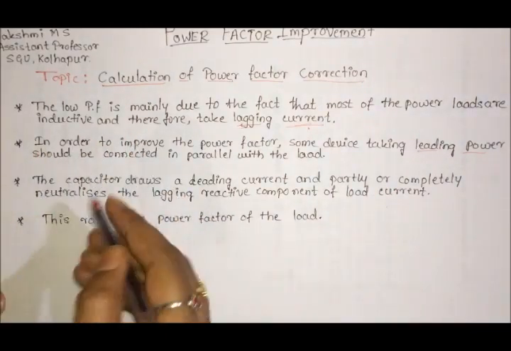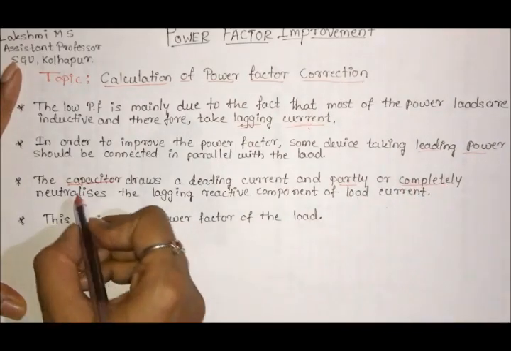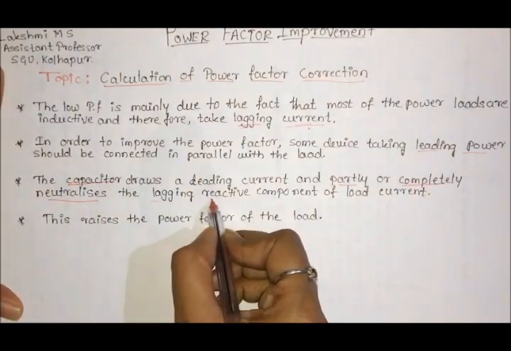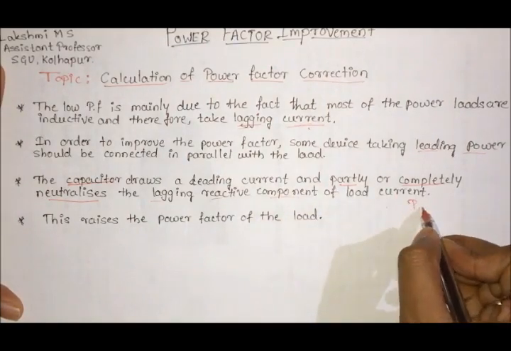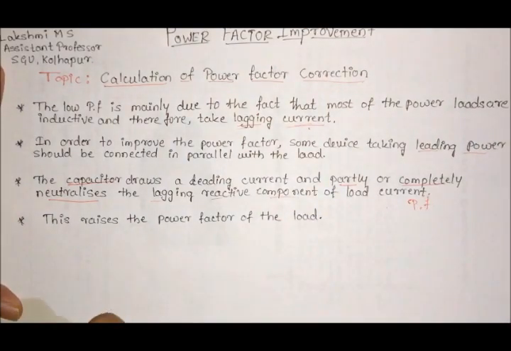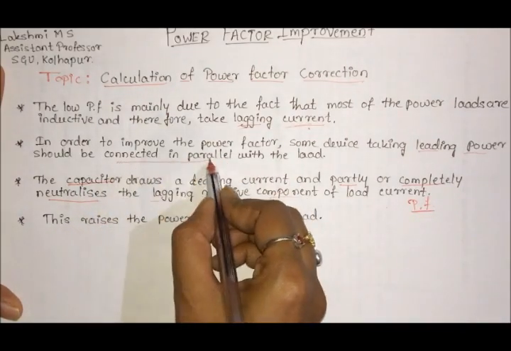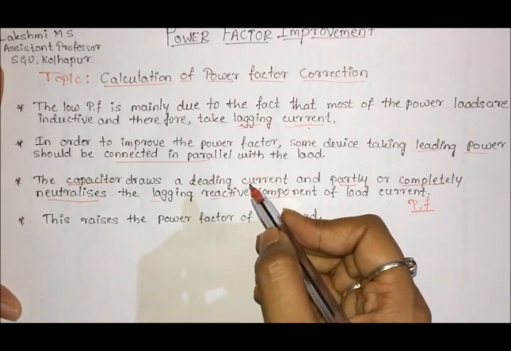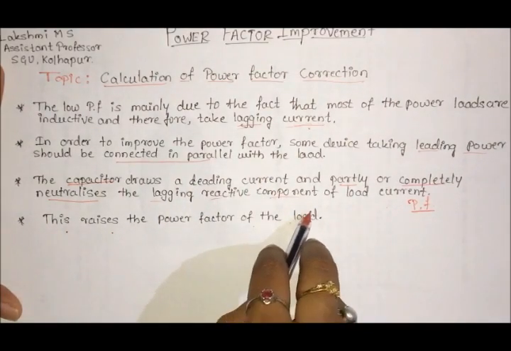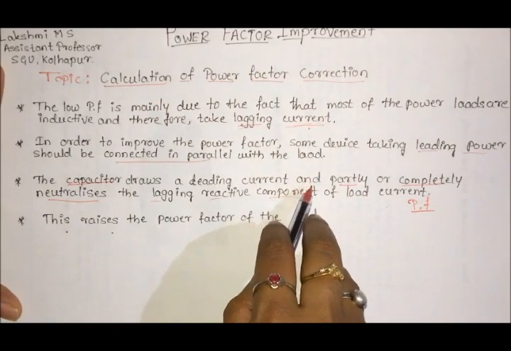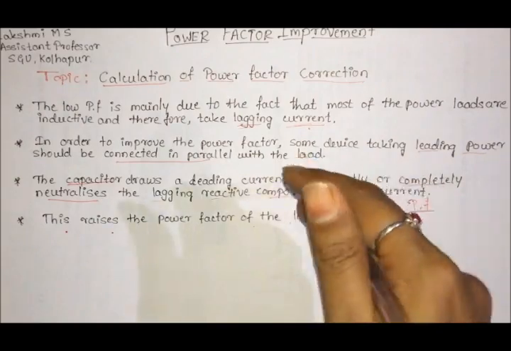So using this capacitor, we can boost up the power factor. This is done by connecting the capacitor in parallel with the load, which raises the power factor of the load. Let's see how it boosts up the power factor.